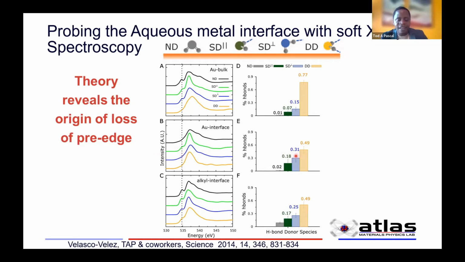What happens is that the 4a1 state hybridizes with the electronic structure of the metal. It becomes completely delocalized now. So it's no longer a molecular state, it becomes a delocalized state. And because of that, the overlap with the oxygen 1s is very low, and so this very first peak disappears.